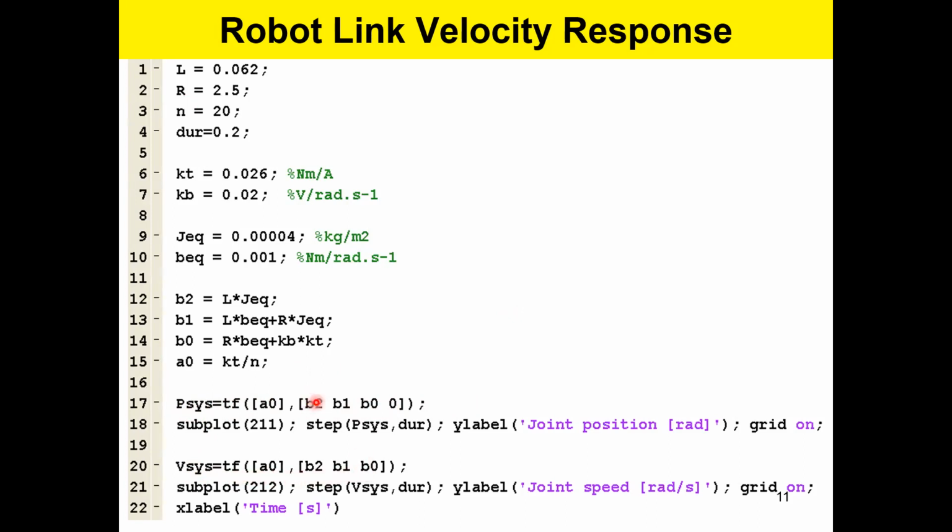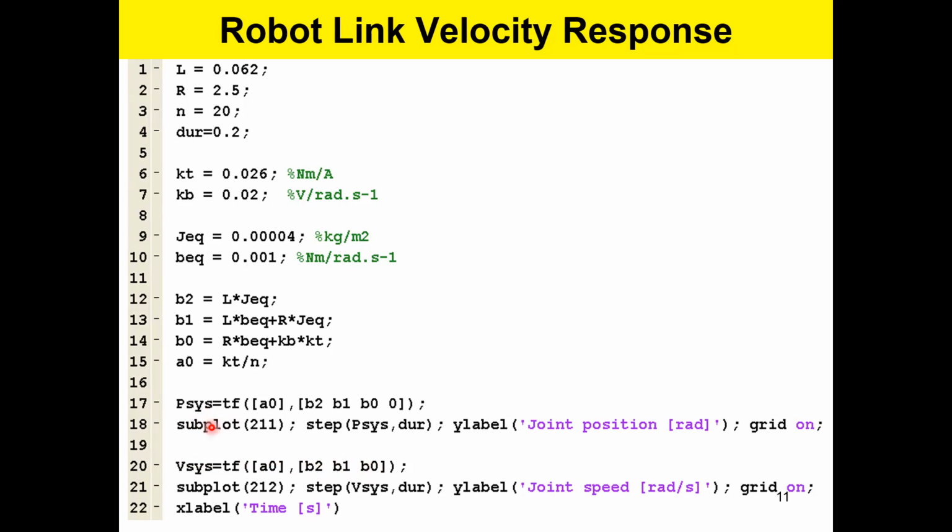Earlier, if you look at this denominator polynomial, it has 4 components: S to the 0, S to the 1, S to the 2, S to the 3. Now the velocity transfer function has only 3 components, S to the 0, S to the 1, and S to the 2.